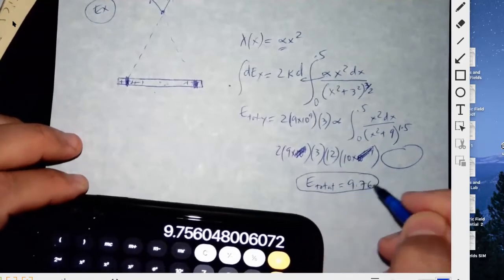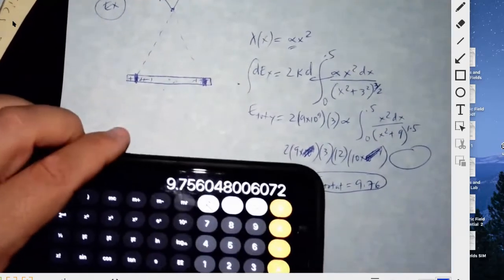Ooh, it's not that much smaller than the uniform, even when it's x squared.